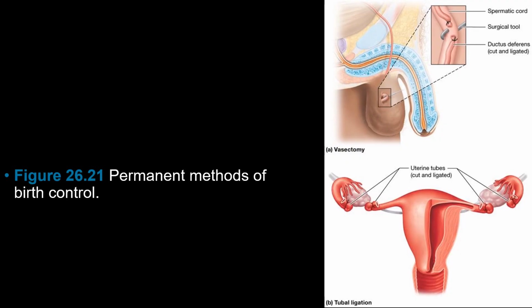So we see on top a vasectomy where the vas deferens has been pulled through, and eventually the surgeon will either cauterize and burn those ends shut, seal them shut, or they simply tie them shut and ligate them, preventing sperm from traveling anywhere. The same is true in a tubal ligation, at which point the uterine tubes are tied or burned and sealed shut.